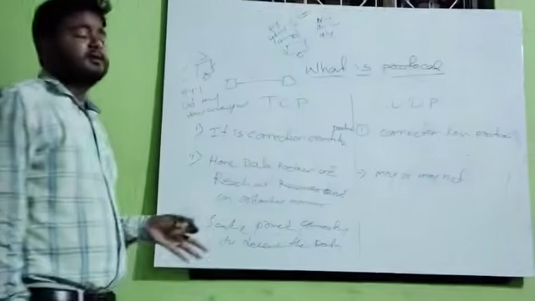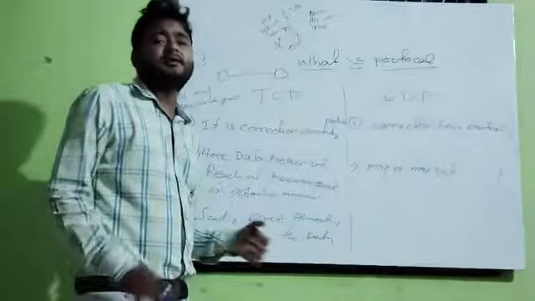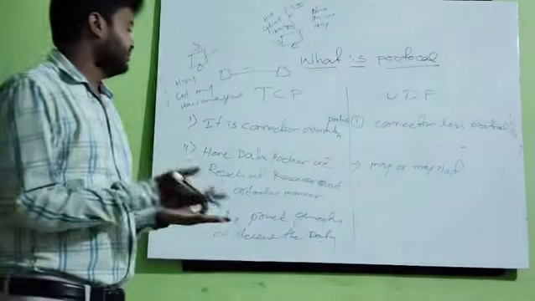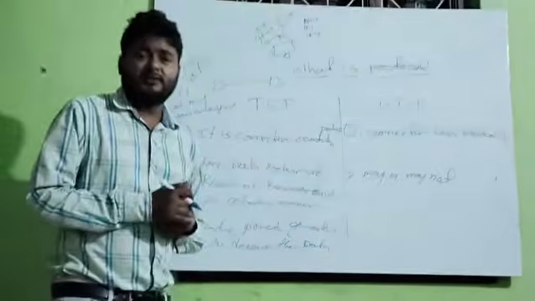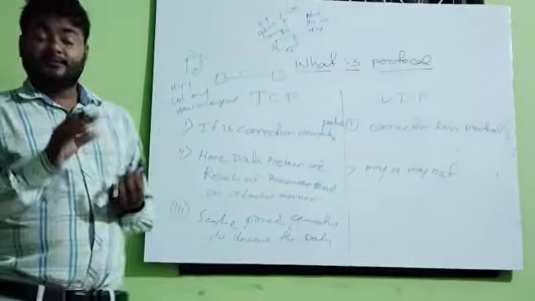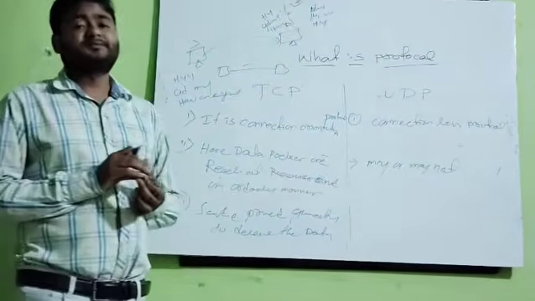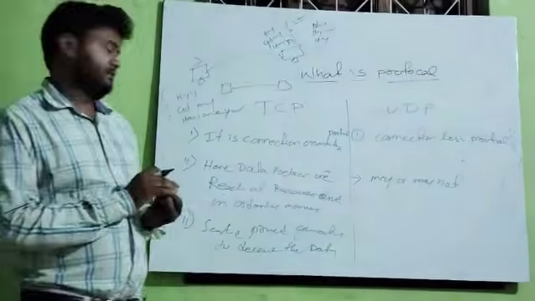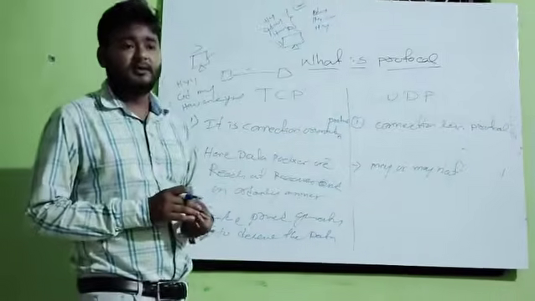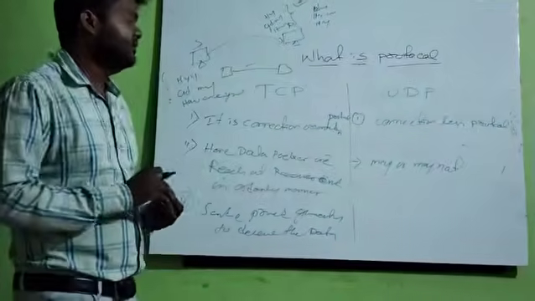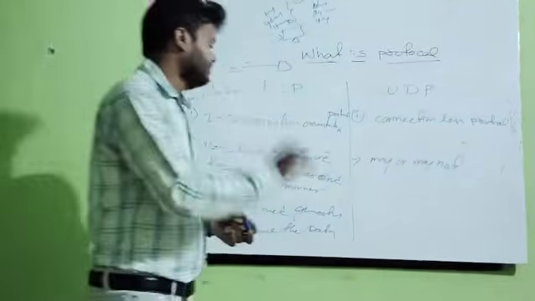The sender gives a 100% guarantee to deliver the data, because a physical path is there, so the messages automatically reach the receiver end. The sender always provides a 100% guarantee.